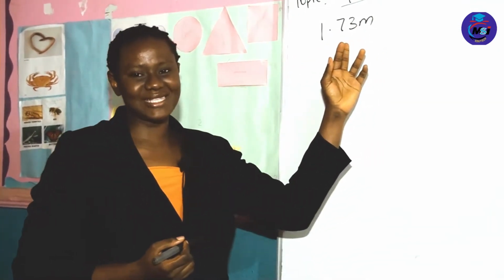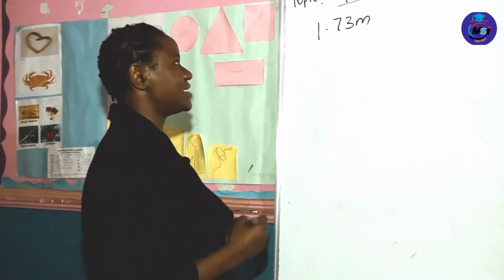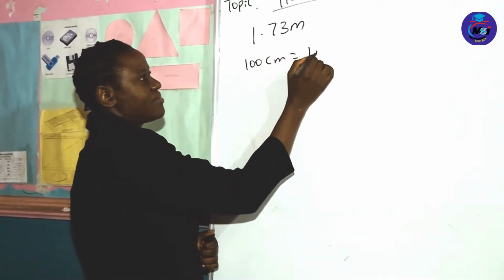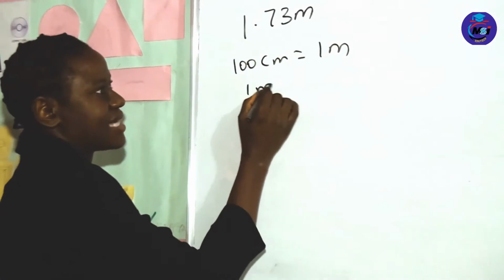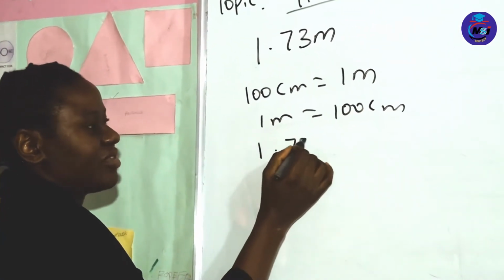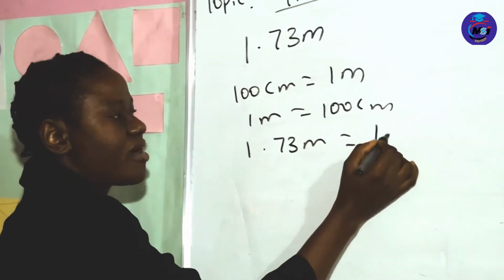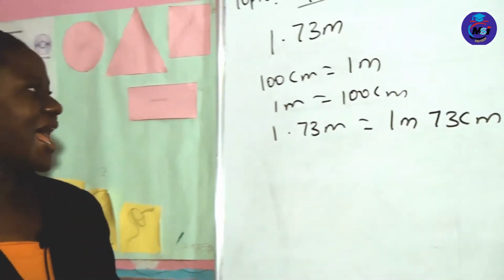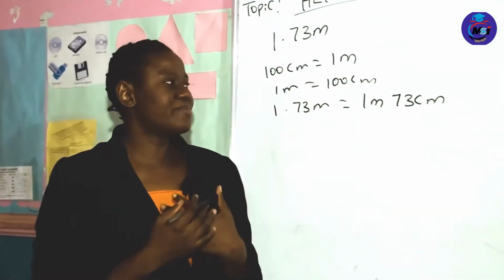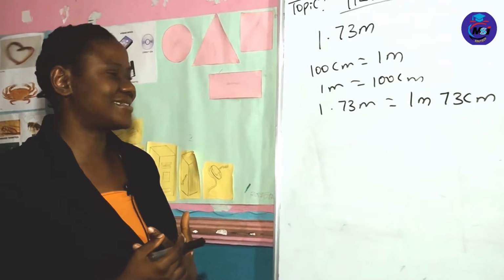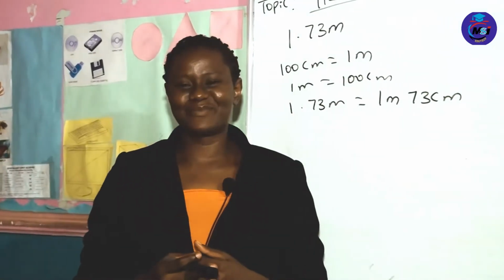Since 100 centimeters is equal to 1 meter, 1.73 meter is equal to 1 meter 73 centimeters. So I am 1 meter 73 centimeters tall. That is my height. Now, do you know your height?